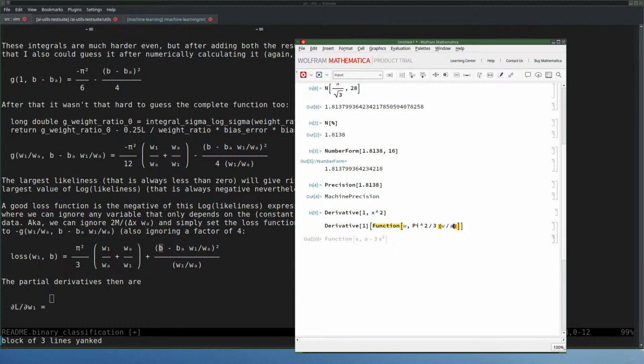Can you make variables of more than one character? Maybe it would think that it is W times A, if I do WA. That seemed to have worked.